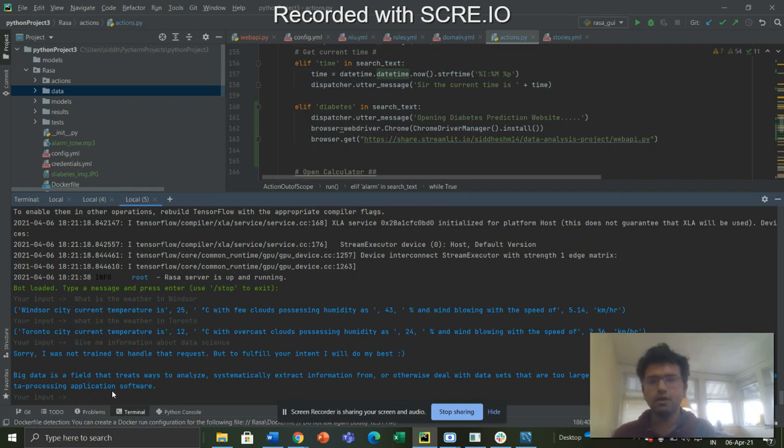Another out of scope entity is if a user wants to do a health check and know about his diabetes. He can say, "I want to check my diabetes."